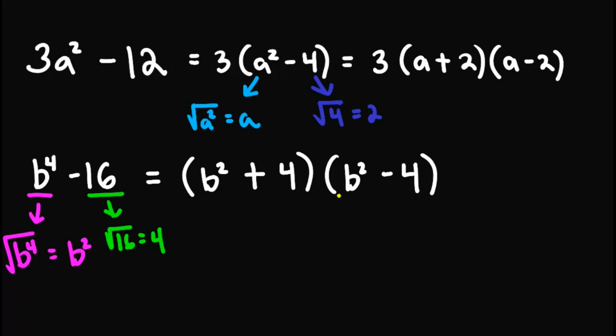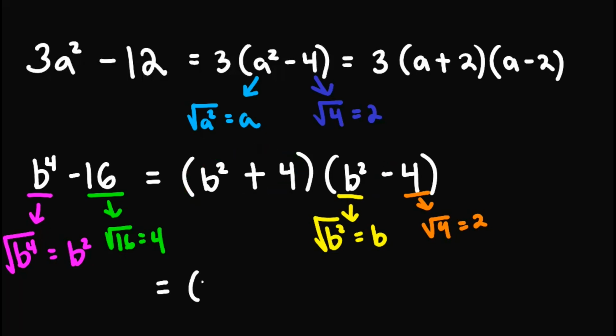Note that b squared is a perfect square since the square root of b squared is equal to b. Also, 4 is a perfect square since the square root of 4 is equal to 2. And since the operation out here is subtraction, we can conclude that this one is equal to, first, we copy this one.